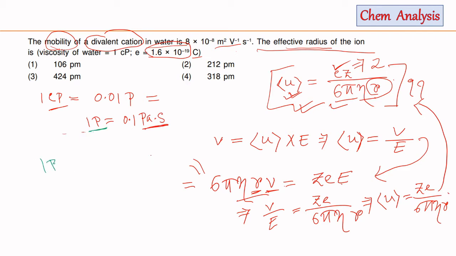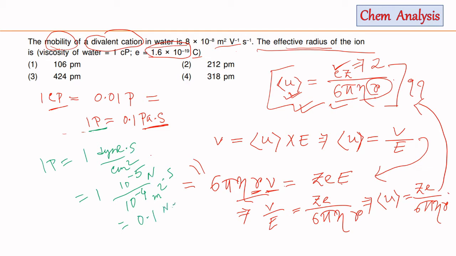1 poise in CGS unit is 1 dyne second per centimeter square, and if we convert dyne and centimeter to SI units, that is 10 to the power minus 5 Newton divided by 10 to the power minus 4 meter square, second, that is 0.1 Newton meter to the minus 2 second.